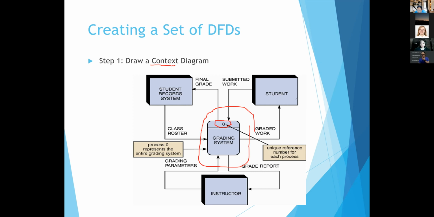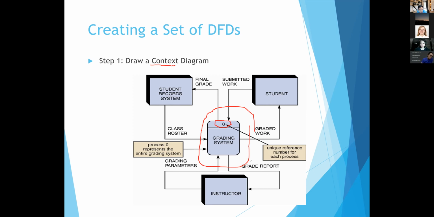When you draw the context diagram already, when you draw the external entities already, now you just draw the data flow that links between the system and the entities. For example, in here, for students, you have one input that is submitted work to the grading system, and one output from the grading system, graded work, back to the external entity called student.